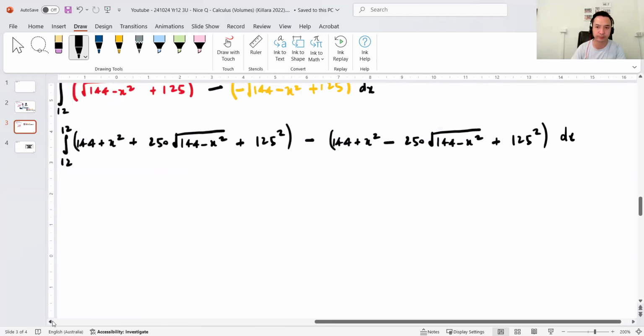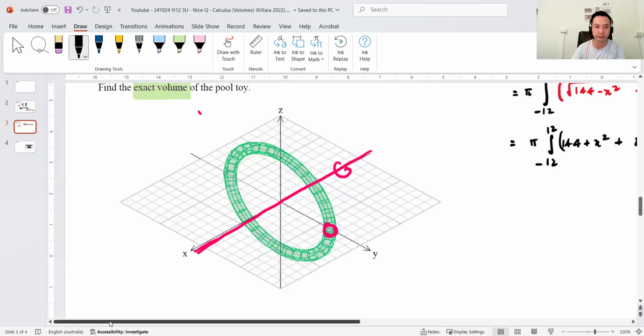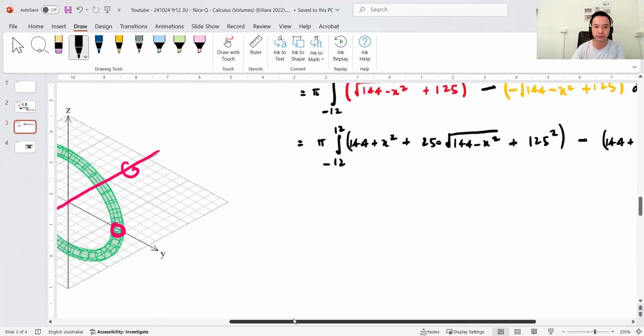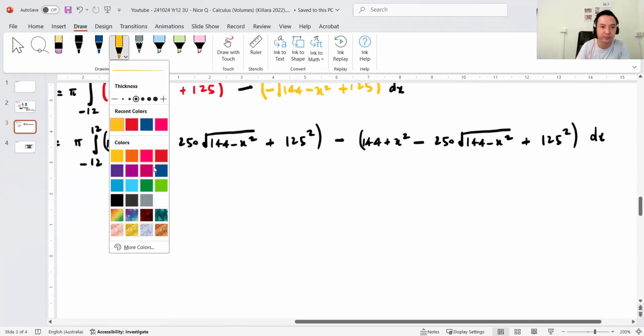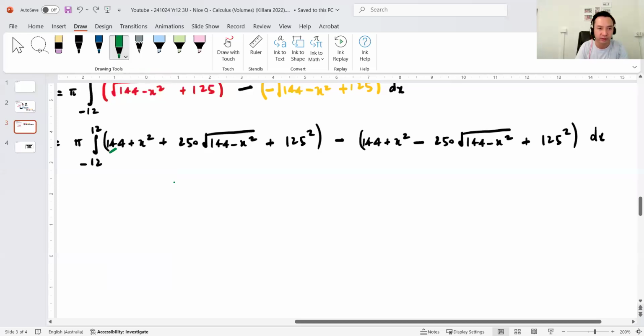Move over. All right. Now you can see, right, in terms of algebra, this guy goes away with this guy goes away with this guy, and in the middle you've got 250 square root minus 250, so that's 500. And maybe take out the 500 pi, integral minus 12 to 12 root 144 minus x squared dx.